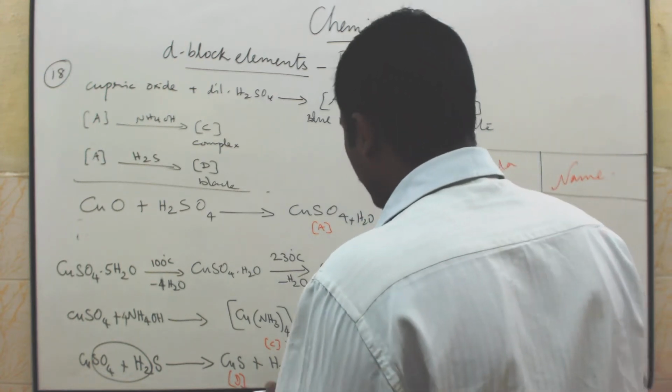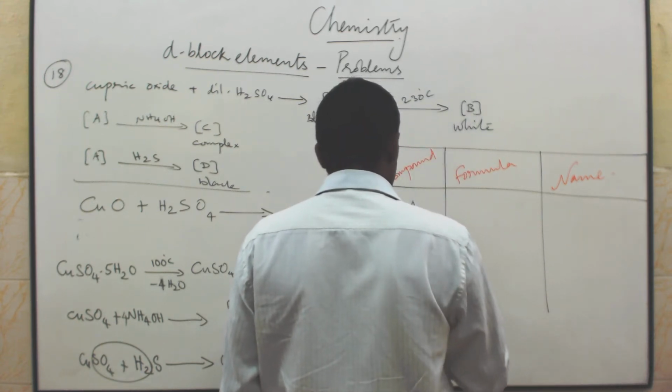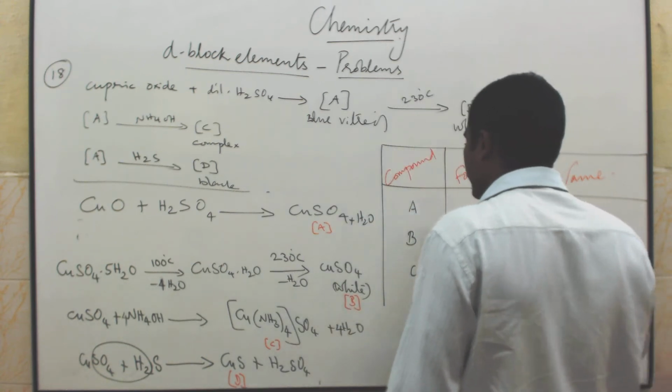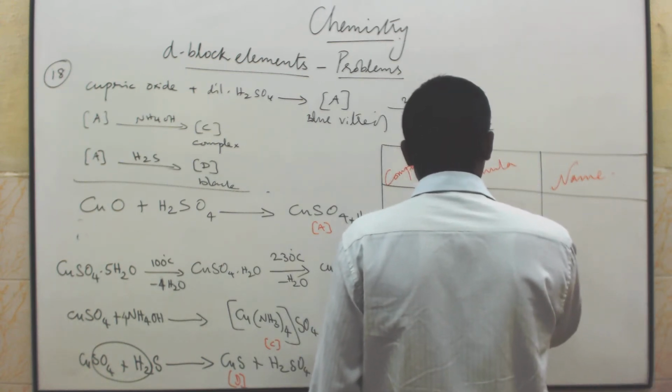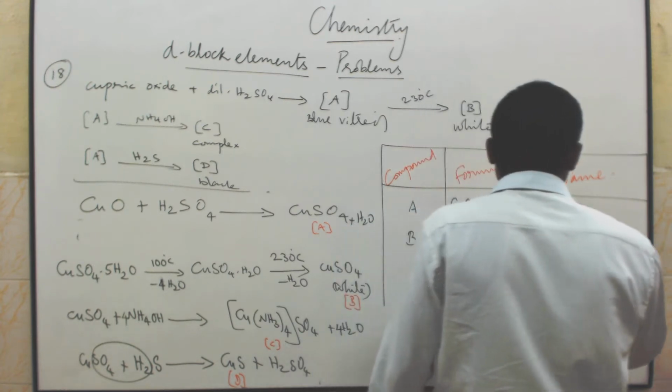A, B, C, D, four things are there. So A, B, C and D. What is A? That is copper sulfate pentahydrate.